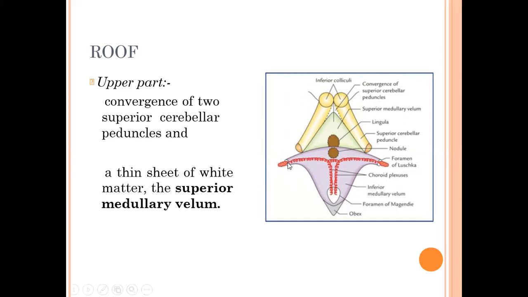These are the lateral apertures, also known as the foramen of Luschka, through which part of the choroid plexus bulges out. That is about lateral recesses.